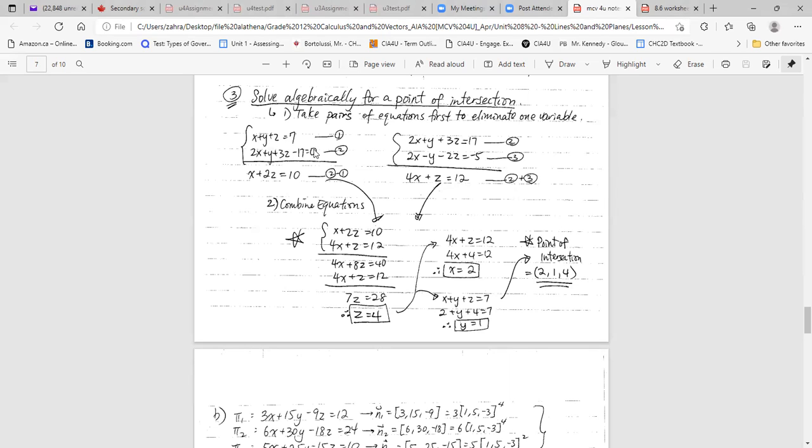And here, negative 17 to the other side is 17, so 17 minus 7 is 10. And here again, we eliminate y. If we add these two, the y will be eliminated. So 2x plus 2x is 4x, and y plus negative y cancels.